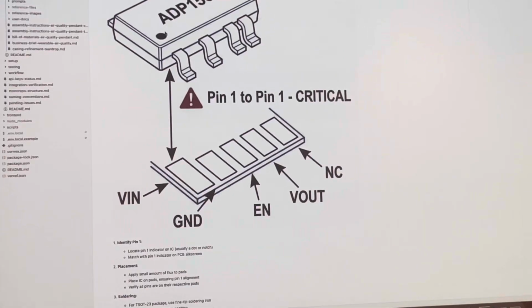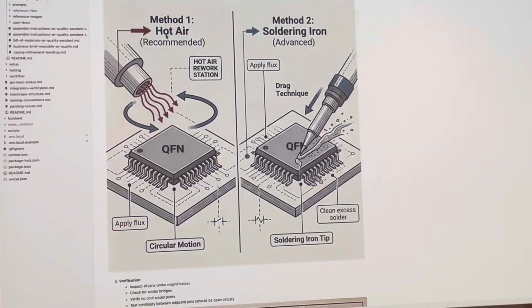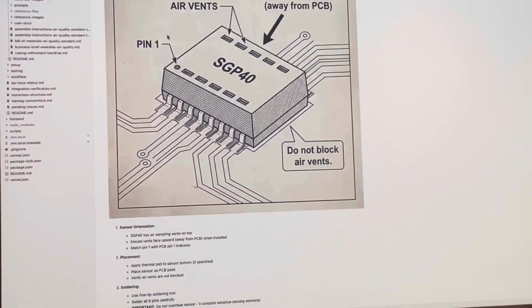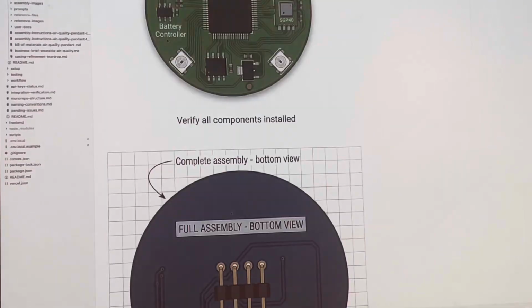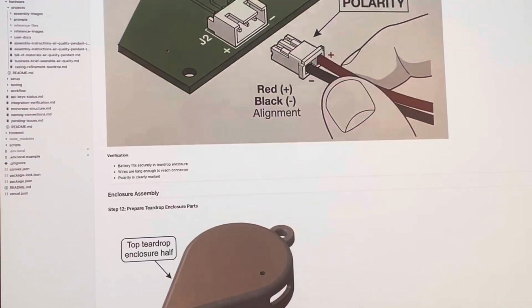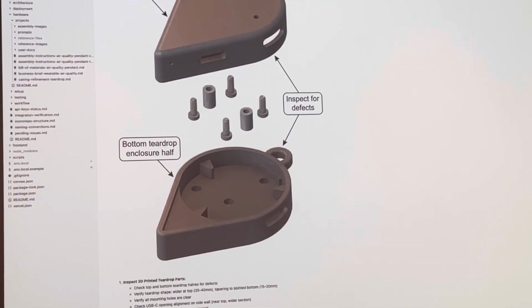We talk about things like pins, circuit diagrams, how you do reflows, vents, and it goes on all the way. And you notice in terms of the AI output, you even see assembly instructions. We show how the models are built together.